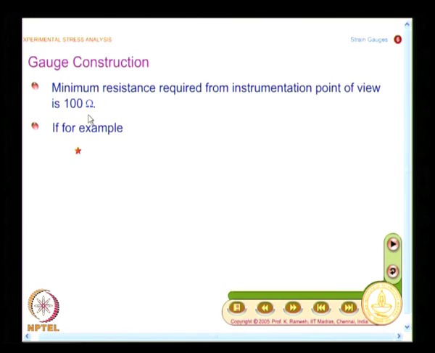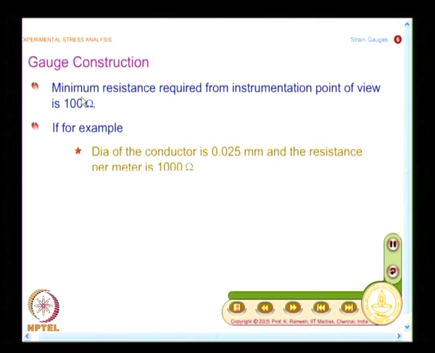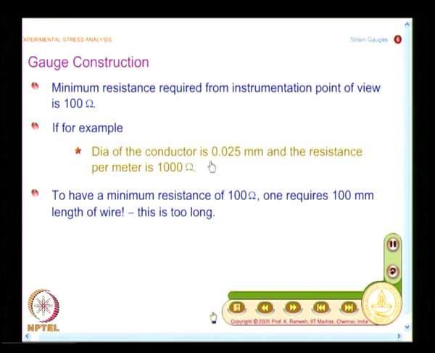Reasonable to assume that you need about 100 ohms, and if you want to have 100 ohms and if you have a diameter of the conductor as 0.025 millimeter, this was the kind of resistors that they had at that time. And also take for example, the resistance per meter is about 1000 ohms. If you have to meet this requirement of 100 ohms, one requires 100 millimeter length of wire.